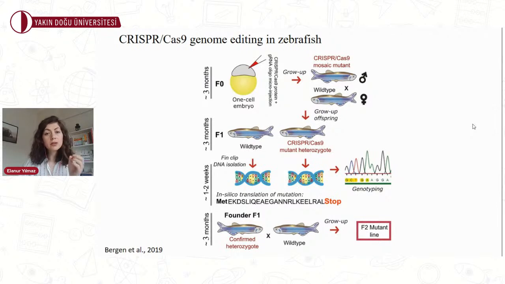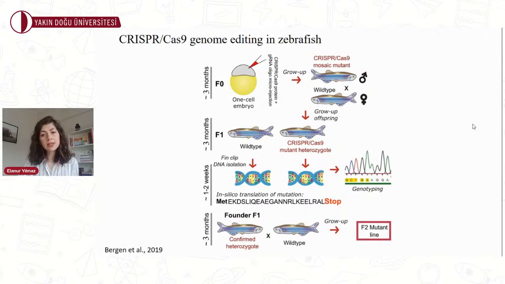So note that when you inject the F0 1-cell stage embryo, the fish will grow up in nearly 3 months. You need to find the fish that carry the desired mutation in their gonads, not the somites.